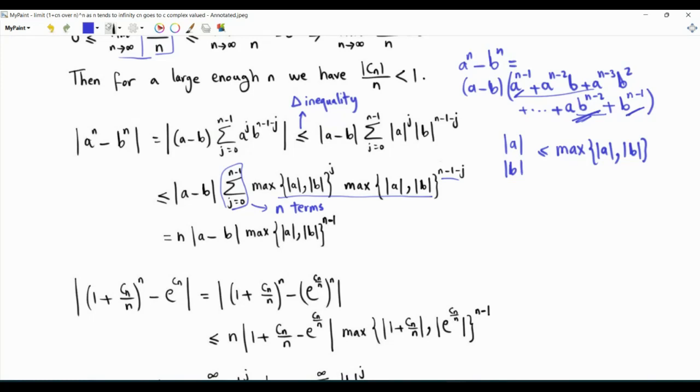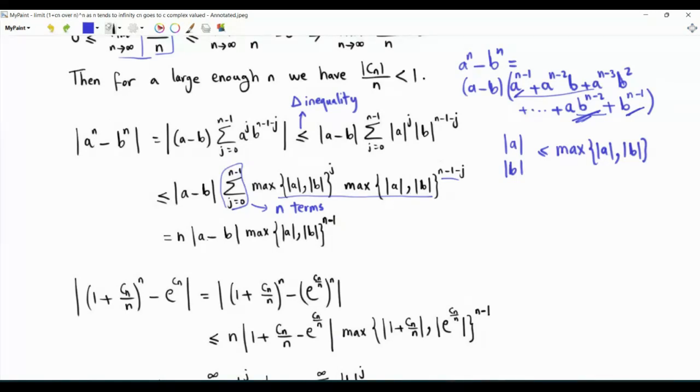So the magnitude of A to the power n minus B to the power n can be upper bounded by n times the magnitude of A minus B, times the maximum of the magnitude of A and the magnitude of B, raised to the power n minus 1.